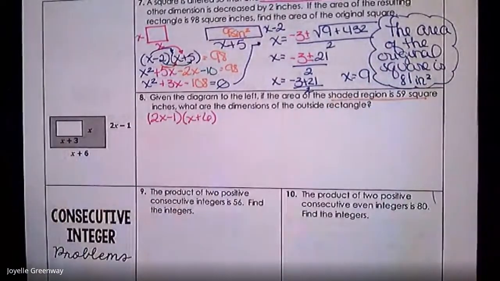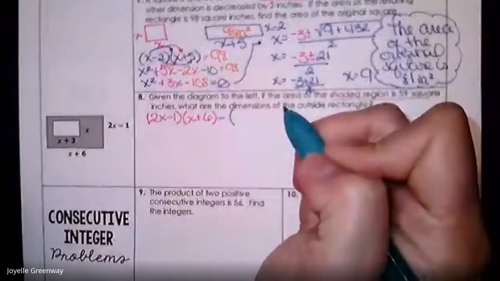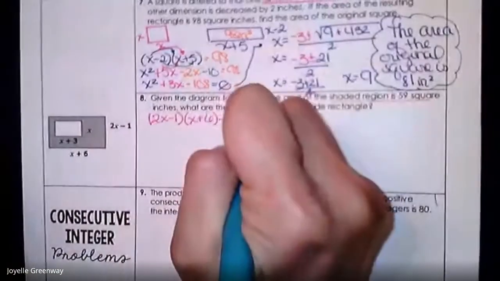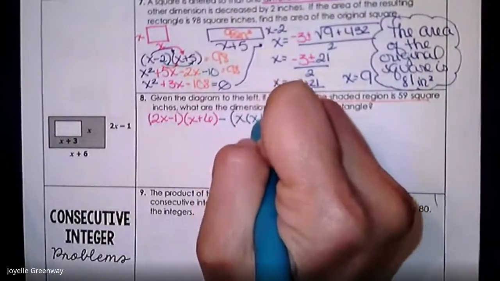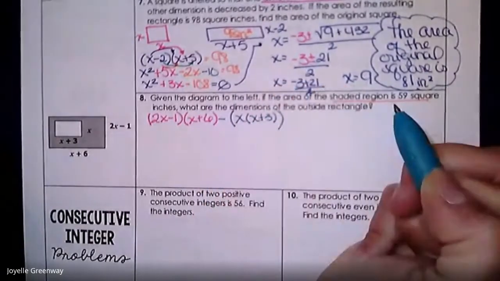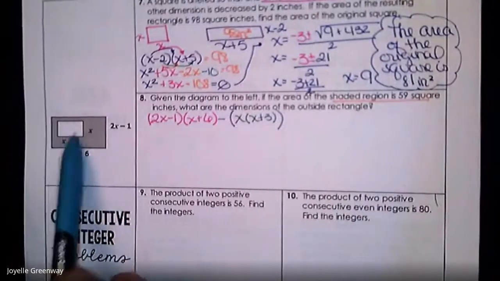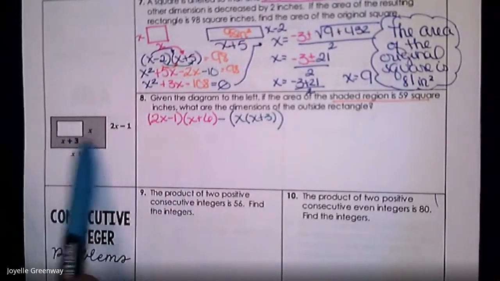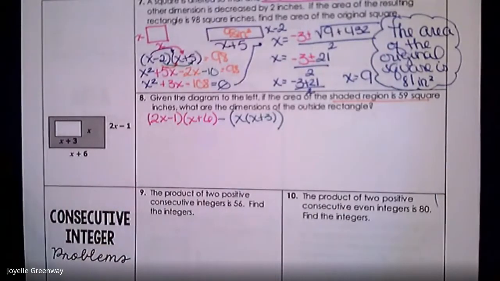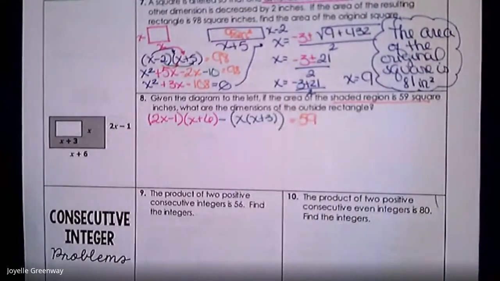So what I have to do then is subtract from that the area of the smaller rectangle. So minus x times x plus 3, right? Because that's the big rectangle minus the smaller rectangle. And that will give me just the area of the shaded region, which is 59.